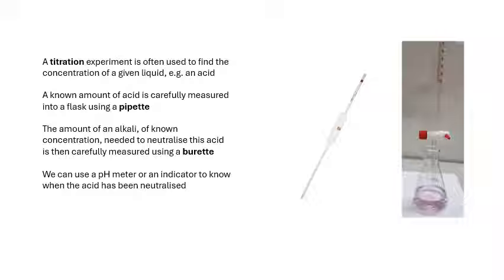And the alkali may well go into the burette, which is this thing which has a tap at the bottom, and you can get it so that it goes a drop at a time. And then you can use a pH meter or an indicator to find out when the neutralization has happened.